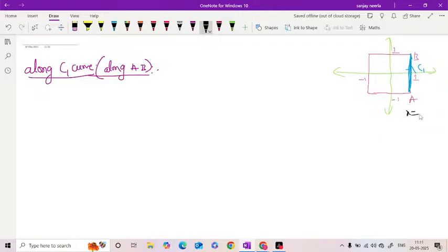The x value is fixed here, and the y values are running in this direction, from minus 1 to plus 1. That means along the AB curve we have x is equal to 1 and y is running from minus 1 to plus 1.